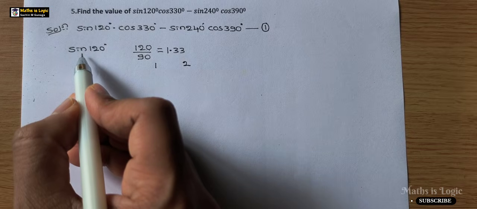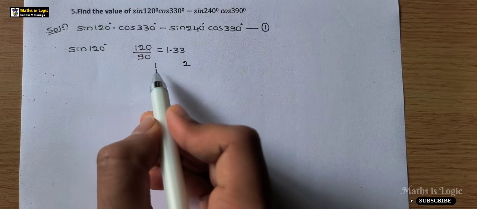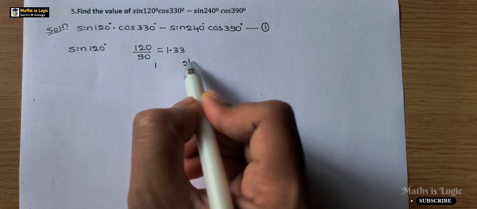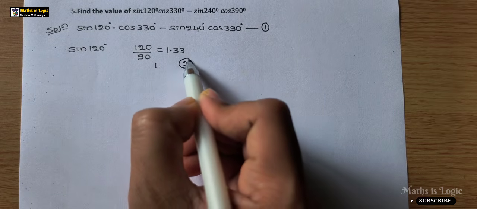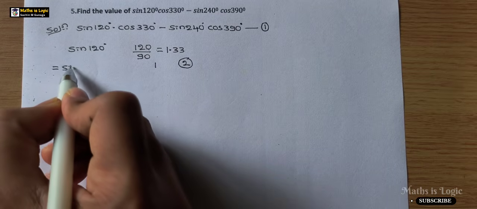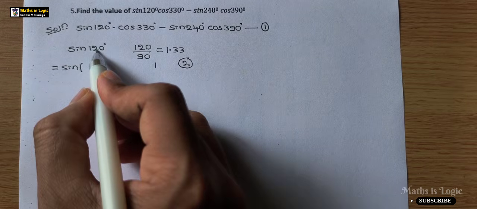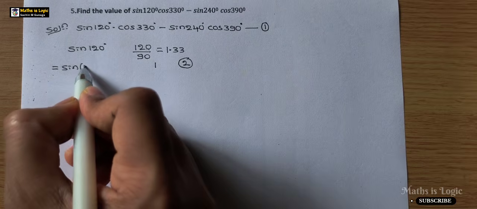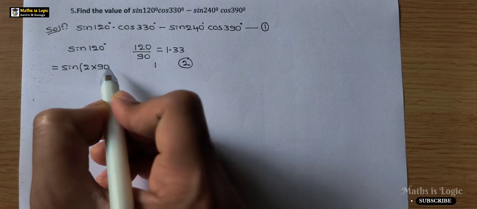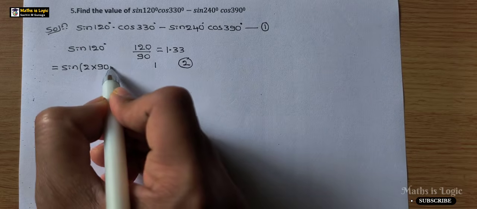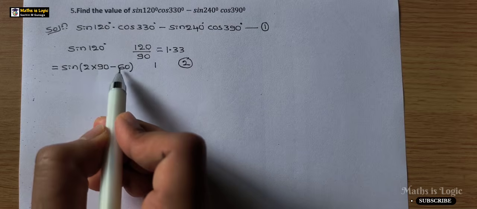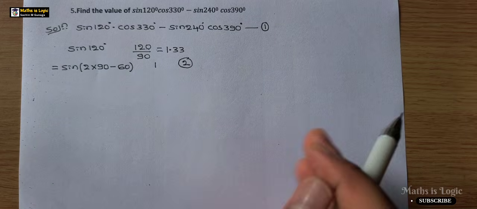So this given allied angle problem can be solved by taking an odd number, otherwise by taking an even number also, but I am going with the even number. Therefore, this is equal to sine, keep it as it is. Now multiply. 120 can be written as 2 into 90, 180, but we need 120. Therefore, subtract minus 60. 180 minus 60 is 120.